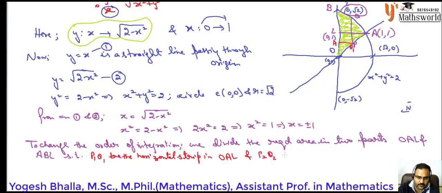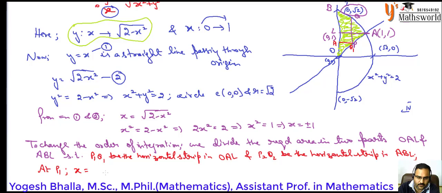and P2Q2 be the horizontal strip in ABL. Okay, so at P1, what is the value of x?